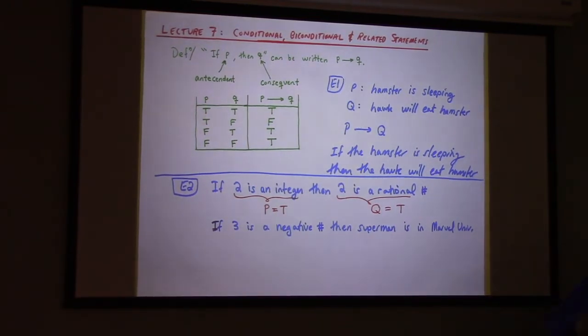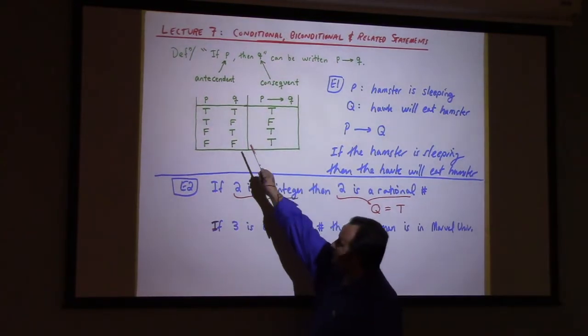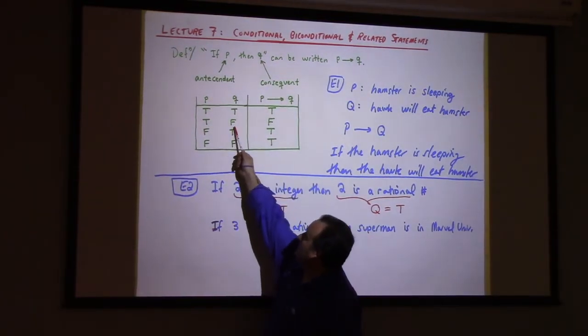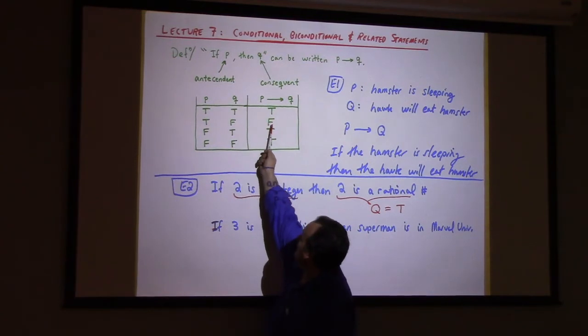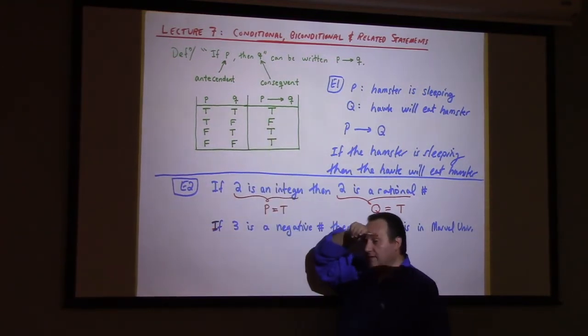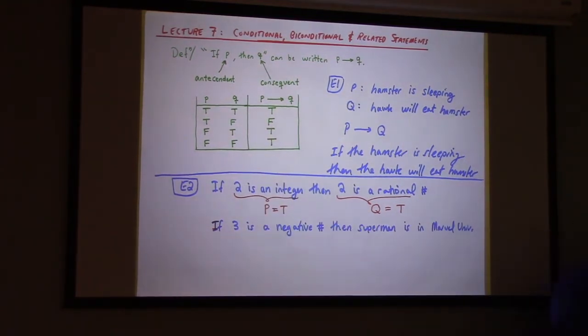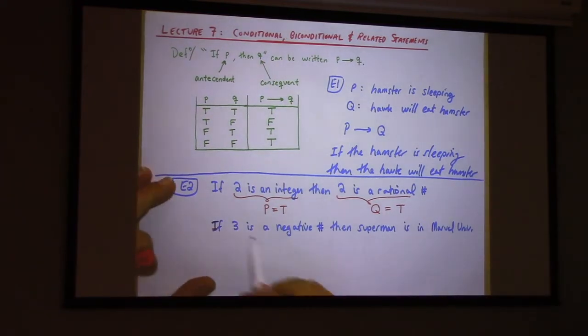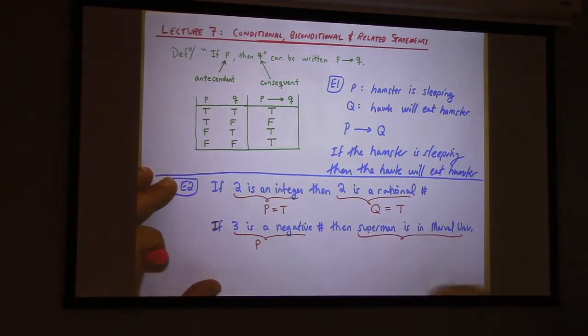Is it false? So the question then is, the only way for an implication to be false, the only way for a conditional to be false, is for us to fit into this true implies false. That's what makes the sentence false. So in this case, is 3 a negative number? That's my antecedent. The consequent is that Superman's in the MCU.